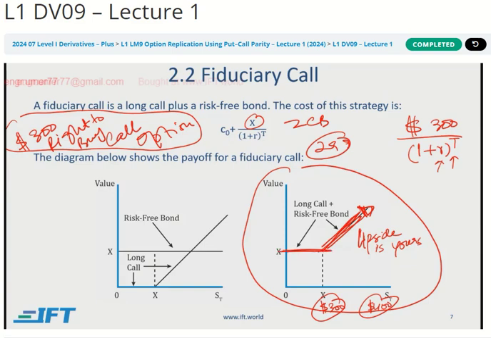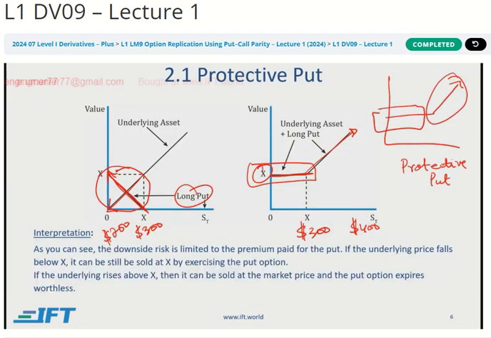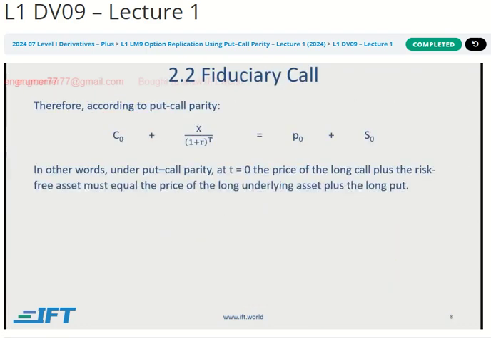And the downside is protected, because if it goes down, nobody is going to force you to buy at 300. You have the right but not the obligation, so you're not going to exercise your call option, and your downside is secure. And what you will be left with is the $300, which is the zero coupon bond face value. And that is what is explained over here.